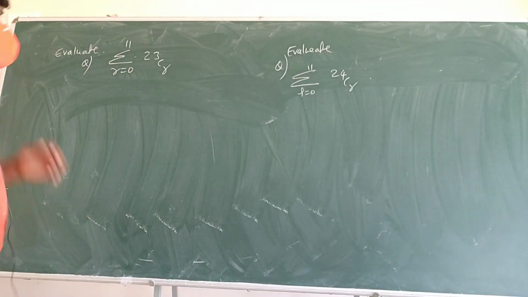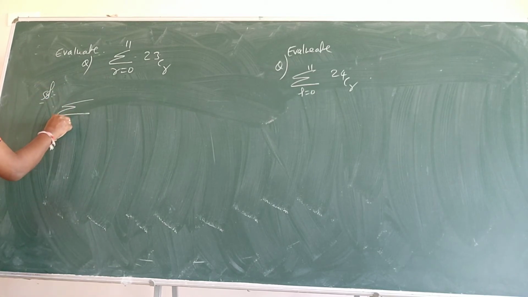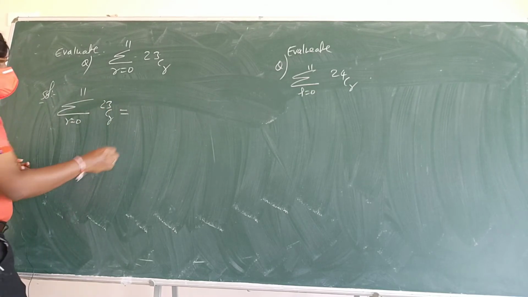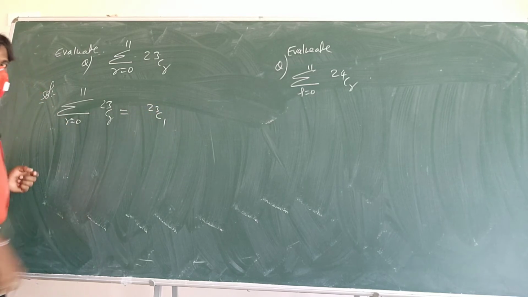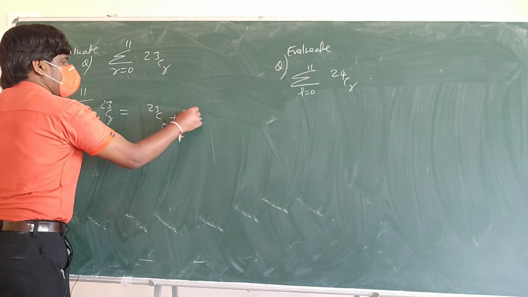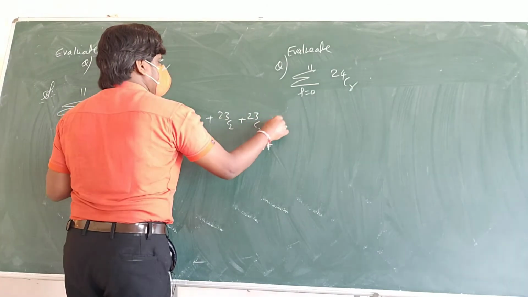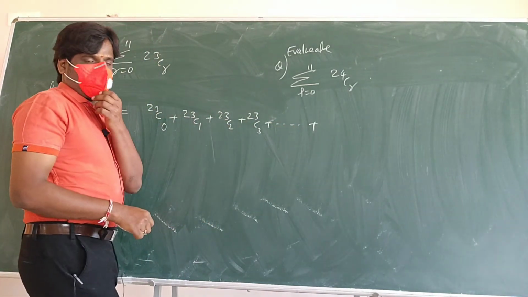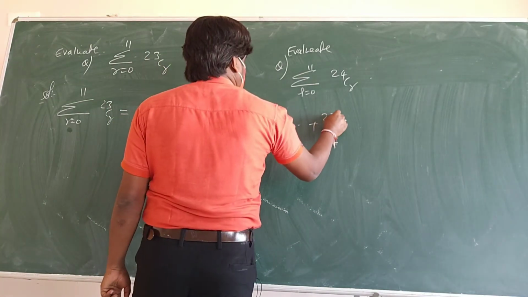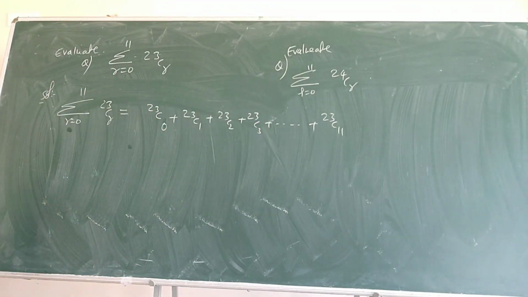See, this I can expand as 23 C0 plus 23 C1 plus 23 C2 plus 23 C3 plus so on, till 23 C11. Understood?